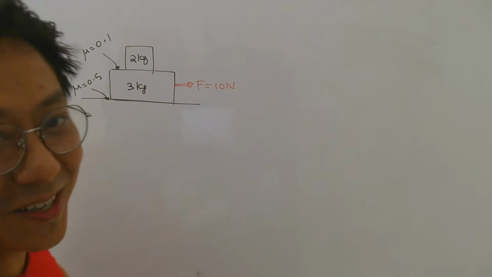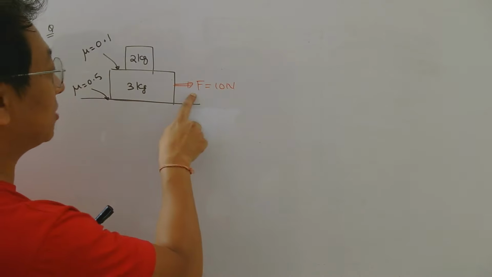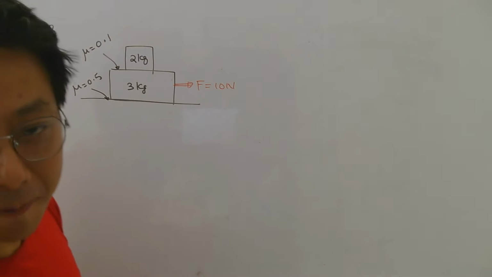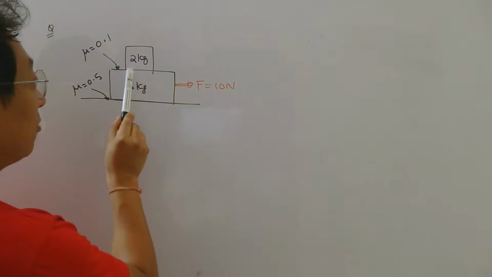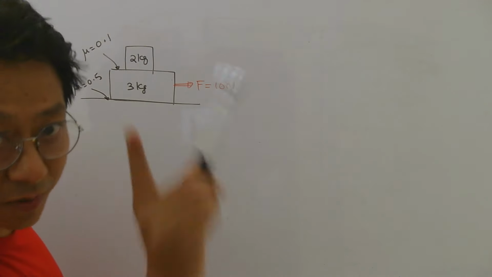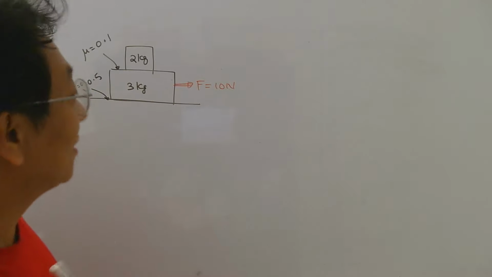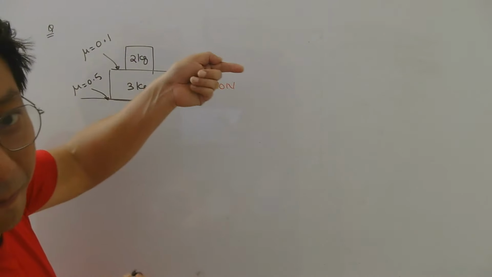Okay, now let us consider a variation of the previous problem where the applied force is not on the 2 kg block but on the 3 kg block. Now, when you apply force here, slipping will never start here first. Now, why, sir? Why is it like that? That is because in the previous question we applied force here, right?